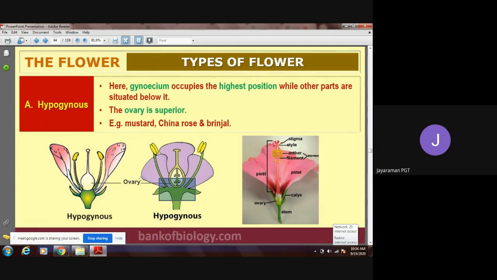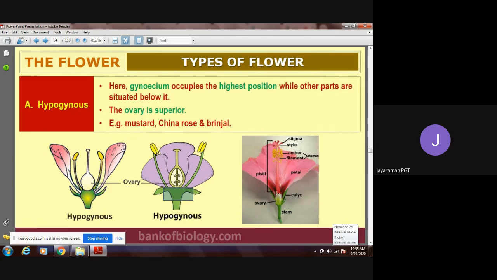Don't look at this, here maybe the anther is on top. Anther is on top, right? So don't look at this side, but you can look at the place of origin. Only the ovary is on top, the remaining parts are down. This is known as a hypogynous flower. At the same time, looking at the position of the ovary, it is superior.